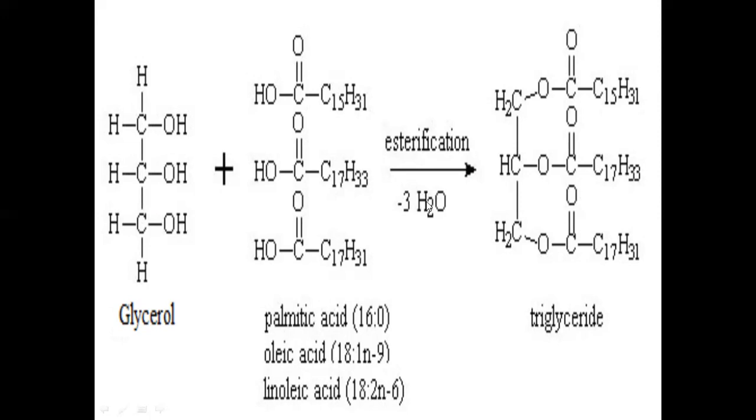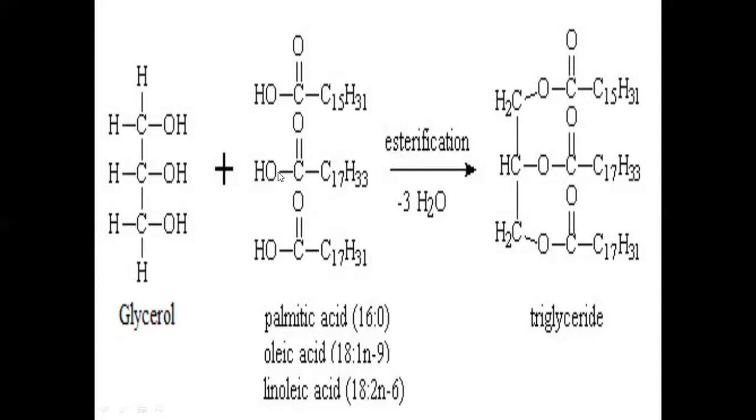These are reacting. Remember it's a 3-step reaction, or the condensation reaction takes place 3 times. So it means that 3 molecules of water are going to be released, 1 in each reaction, to give the triglyceride. So the OH of this glycerol will react with the OH of the carboxyl group of this fat acid to produce the ester linkage.